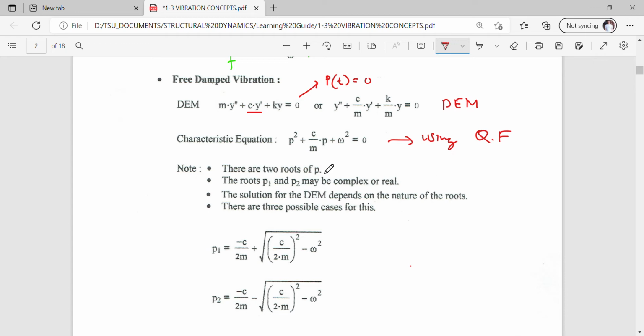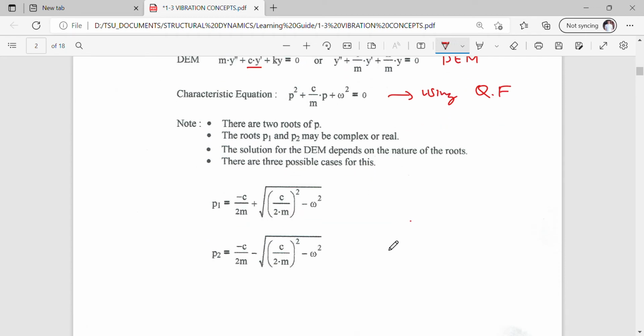And third, the solution of the DE depends on the nature of such roots, whether it's a complex root or a real root. And there are three possible cases for such a DE. So this is the quadratic formula, which is written very popularly in terms of this equation.